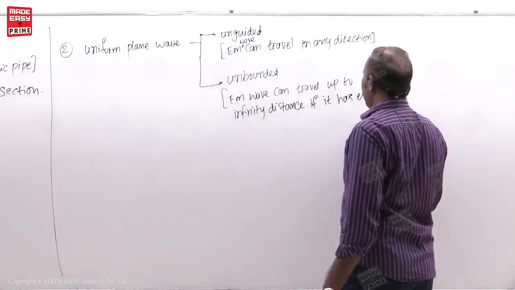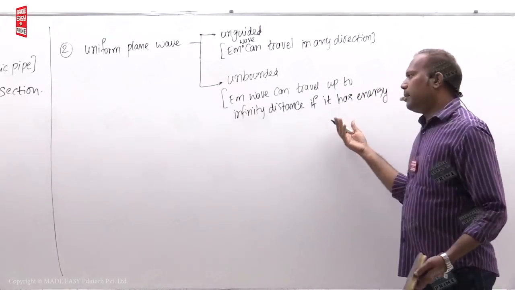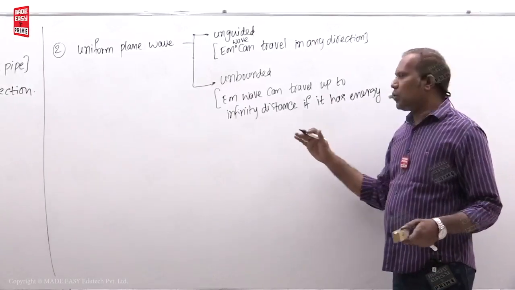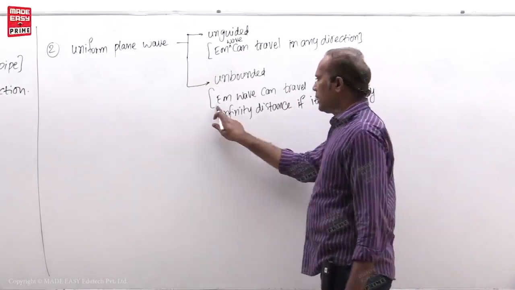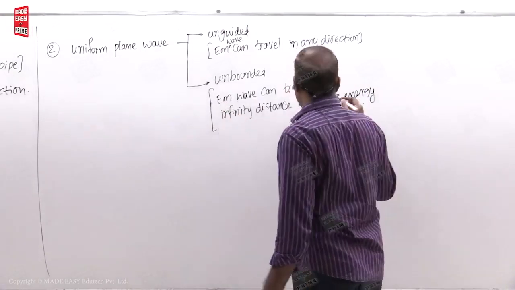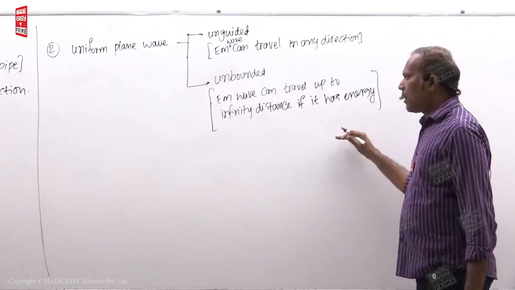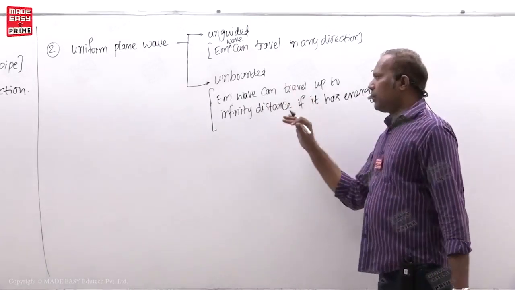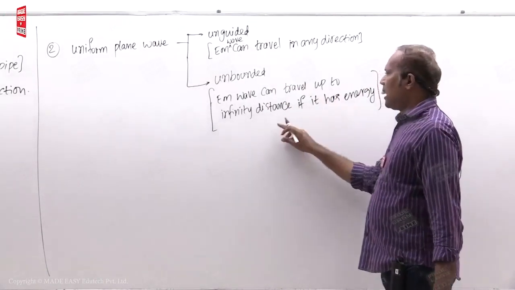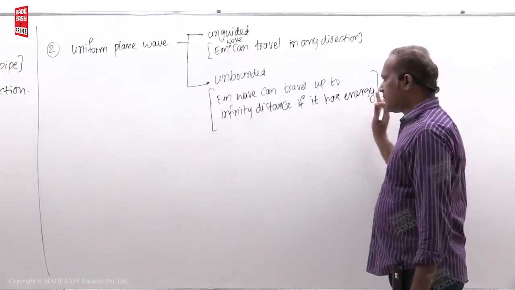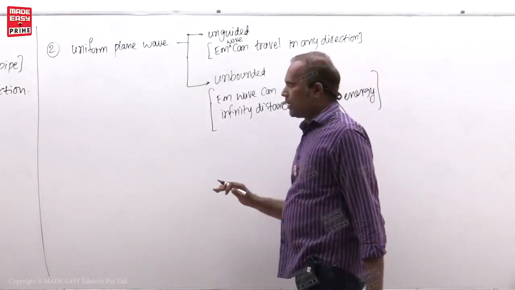If energy is there, because of energy, it may stop going, but otherwise nobody stops that one. Okay, that is the meaning. अगर उसके पास एनर्जी खत्म हो गया तो वो रुक जाता है, बट लेकिन उसको कोई स्टॉप नहीं करेगा उसको. So that is unbounded. So EM wave can travel up to infinite distance if it has energy. So nobody stops that one.